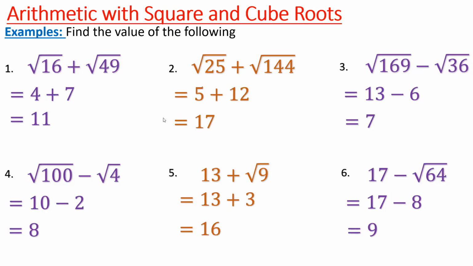Okay, so number 3 is the square root of 169 minus the square root of 36. So the square root of 169 is 13 and the square root of 36 is 6. So you have to subtract 6 from 13 and you get 7. Very good. Thank you for that answer.